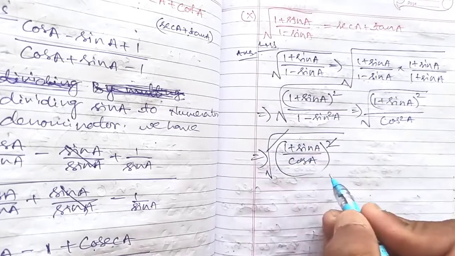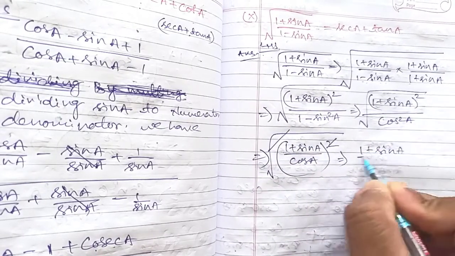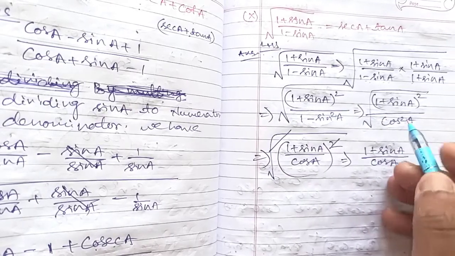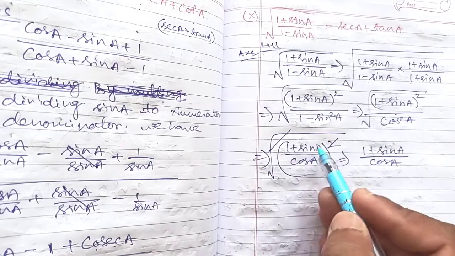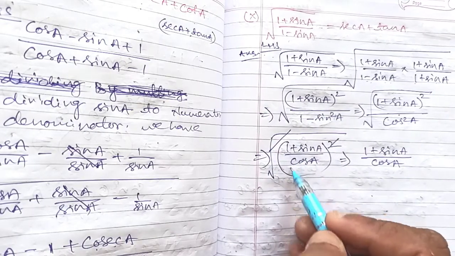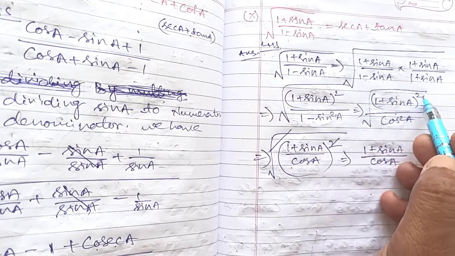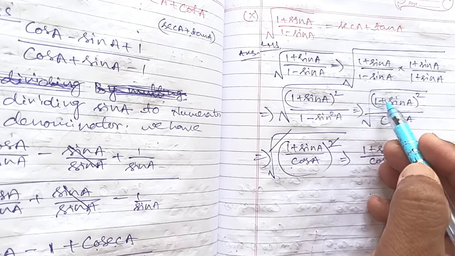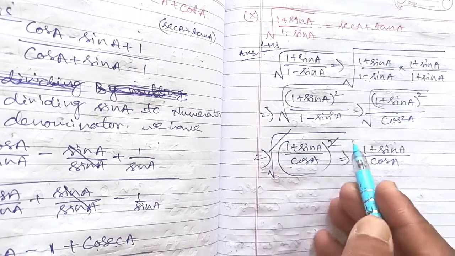So that we can cancel these two. So what did we get next? 1 plus sin a by cos a. Whenever the term is in this way, you give the total square, then you cut the square root, because it applies to numerator and denominator both. You don't cut simply the denominator with the root, or the numerator square with the root. When you are giving the square to the total term, then you remove the root and the square.